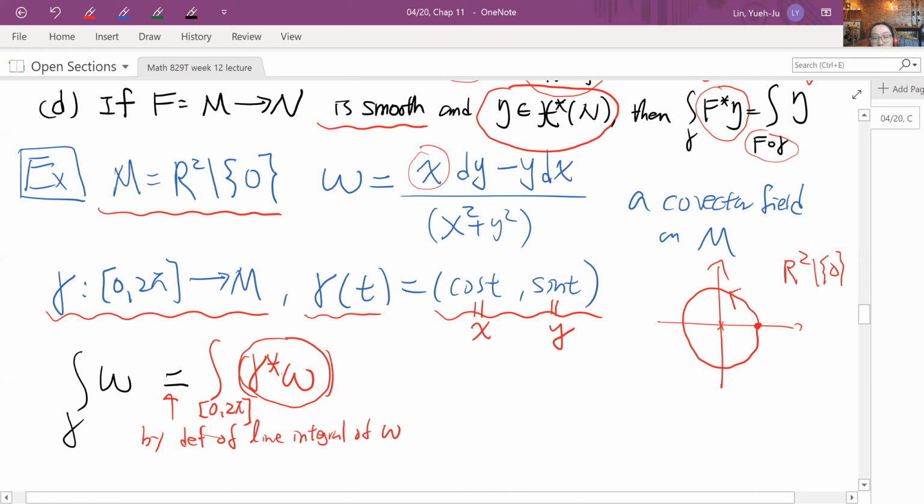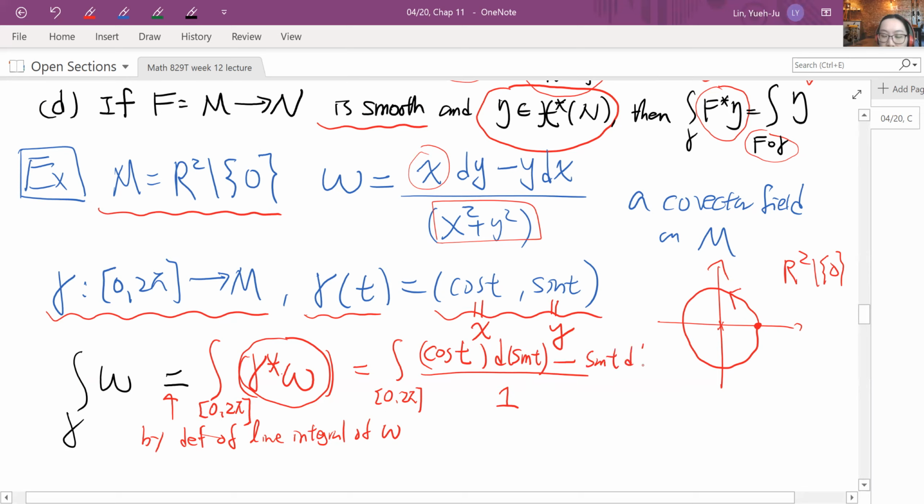When we see y, we replace y by sine, and you do the computation there, right? So basically now you're doing the integral over 0 to 2π, right? And okay, so you replace x by cosine. And actually x squared plus y squared would be nice because it's cosine squared plus sine squared, which is just 1. And dy will be d sine t, right? Minus y is sine t and dx.